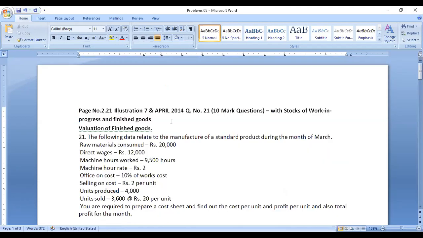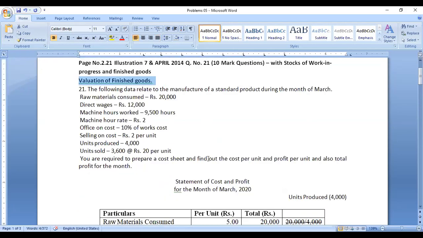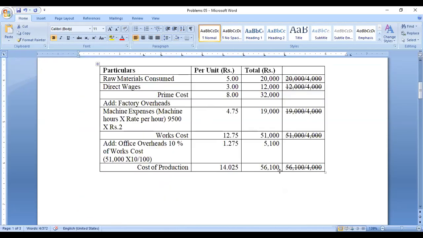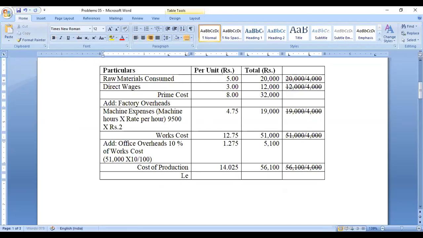Okay, so this is the problem. Now we have to calculate the closing stock of finished product. If the opening stock of finished goods is given, you have to add it to your cost of production. If the closing stock of finished goods is given, it should be deducted from the cost of production.